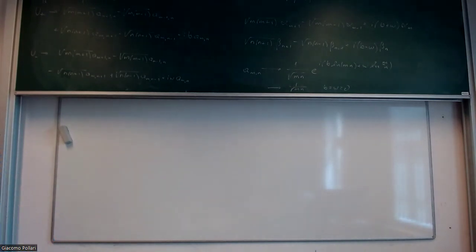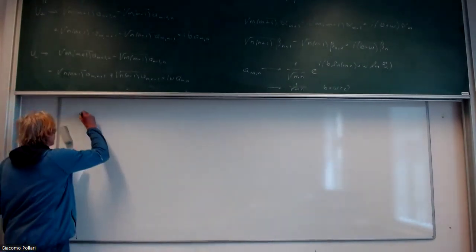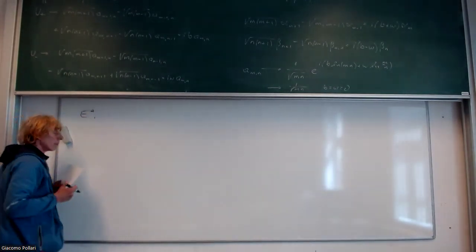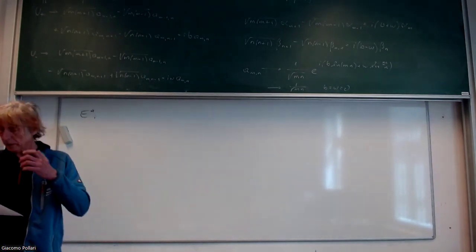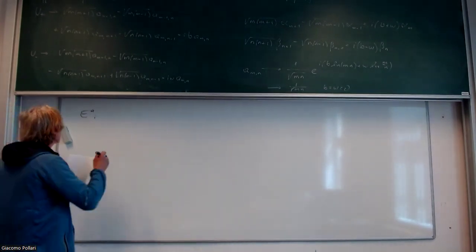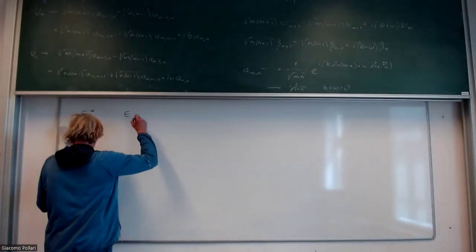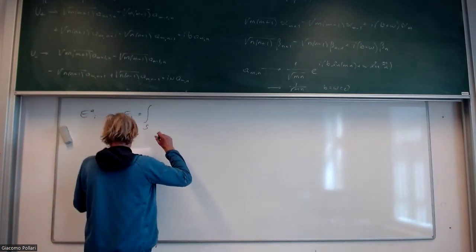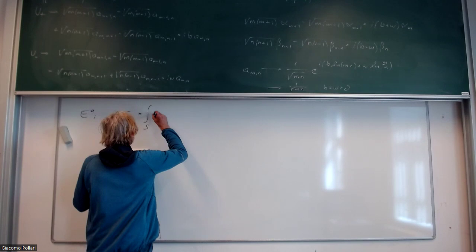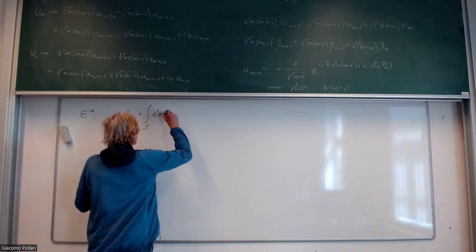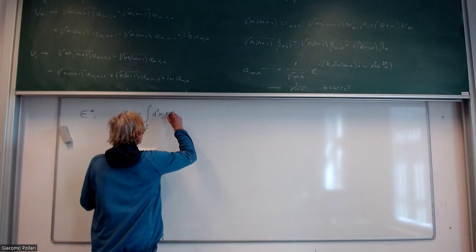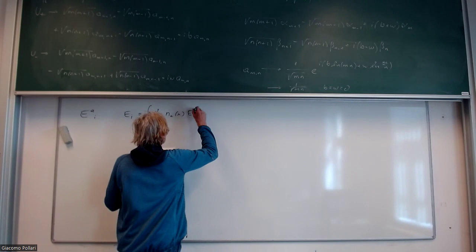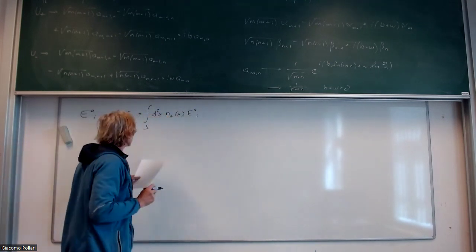The first one was the flux. Remember, you had the vector density and integrated it over a two-surface, E to the x and a, E^a_i.